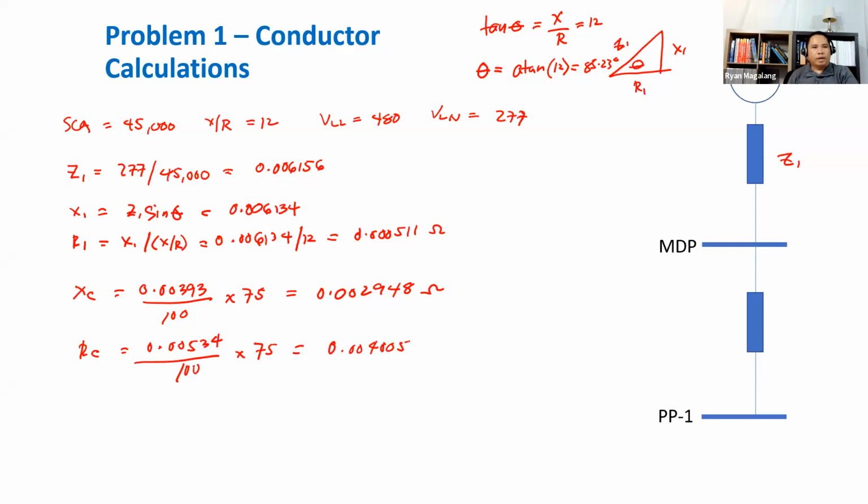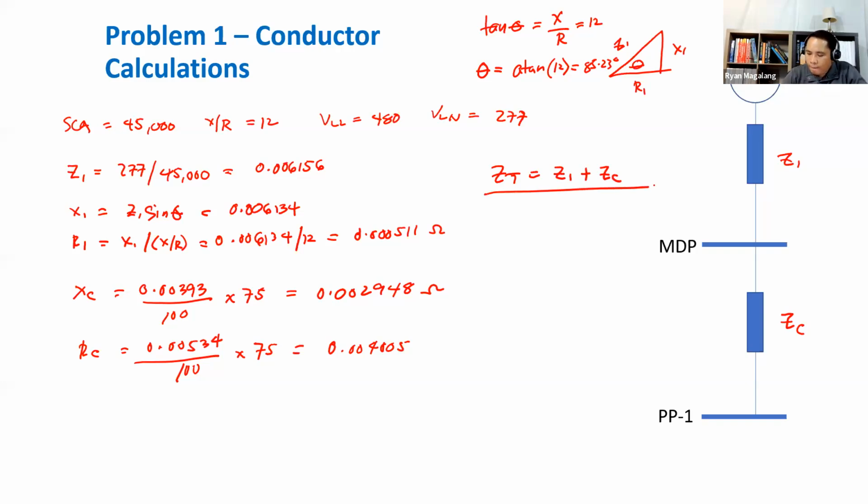Now, the next step is to add Z1 to get the Z total. This is my Z1, this is my Z sub C, which is the conductor. So my Z total is essentially Z1 plus Z of conductor.